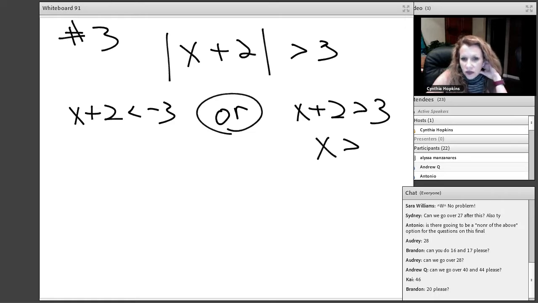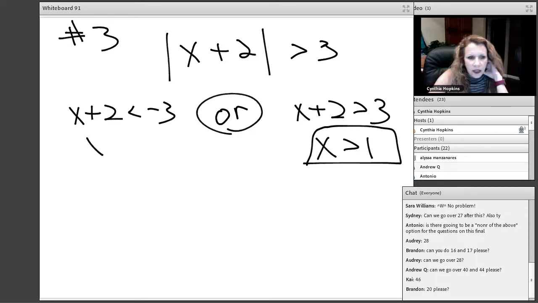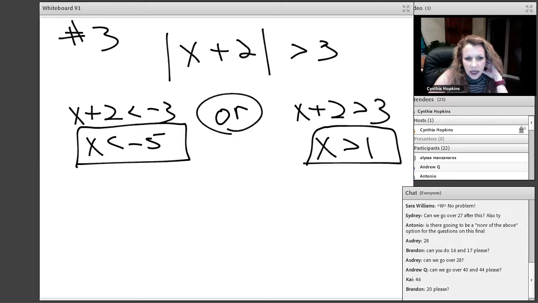Then I just solve each inequality by subtracting 2. So I get x is greater than 1. Here I also subtract 2, so I get x is less than -5. If they ask for it in interval notation, let me just graph this so you can see the interval notation is so easy to get if you have your number line graphed.